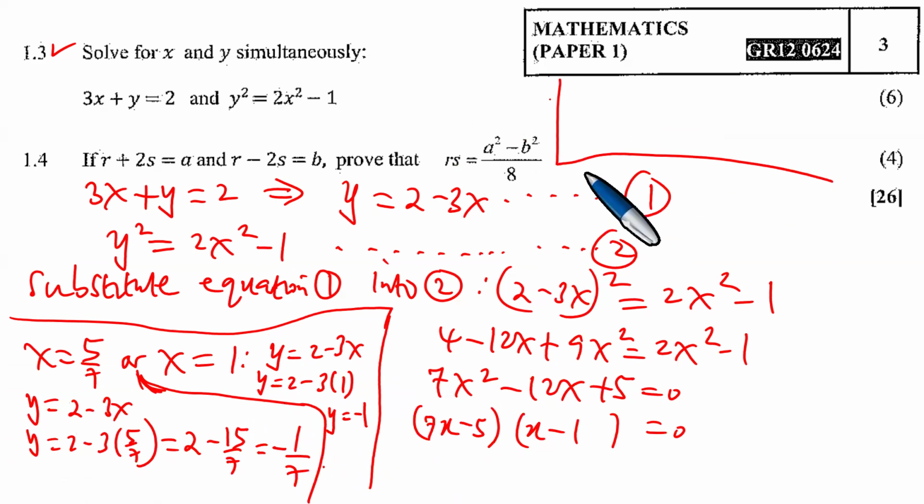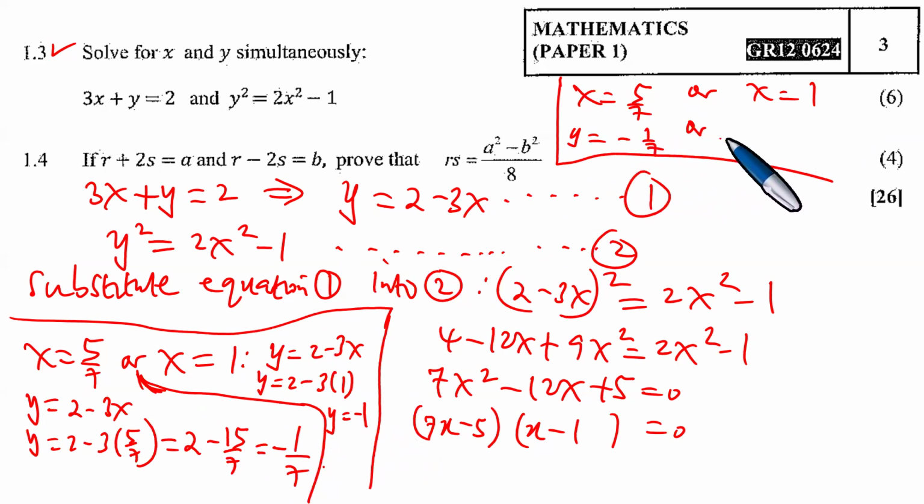So the solution is x equals 5 out of 7, or x equals 1, and y equals minus 1 out of 7, or y equals minus 1.